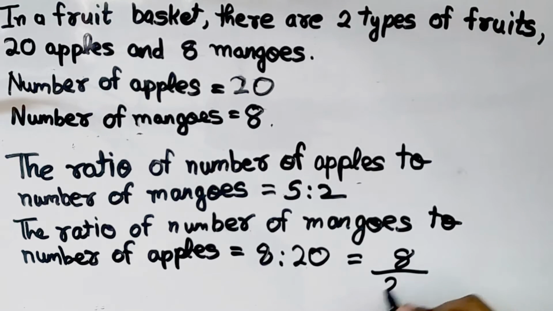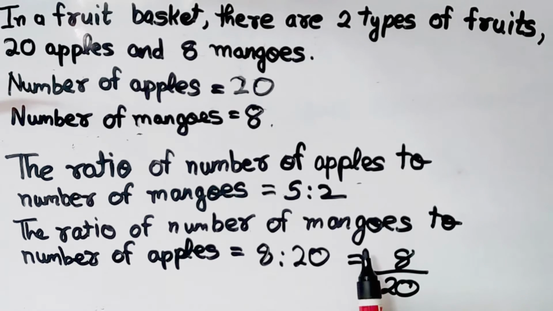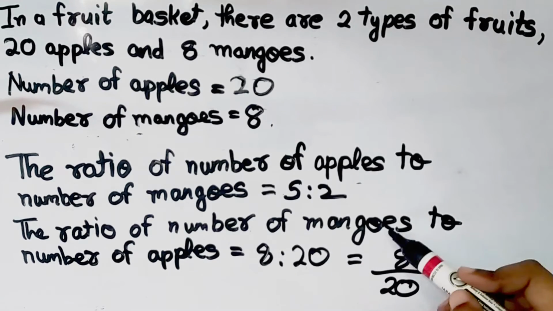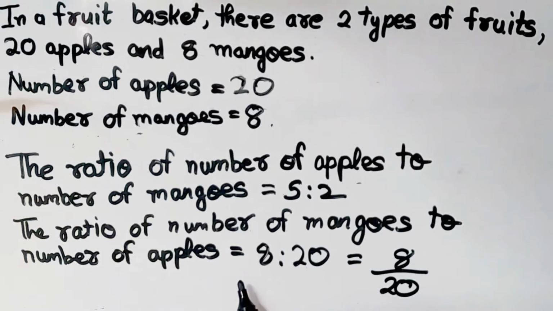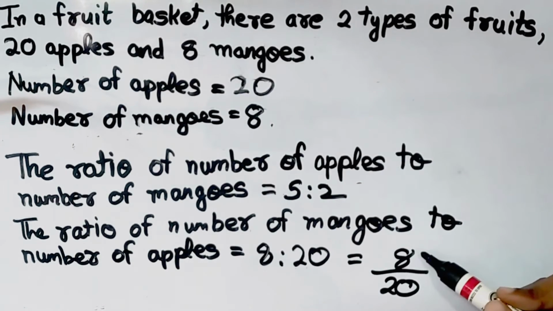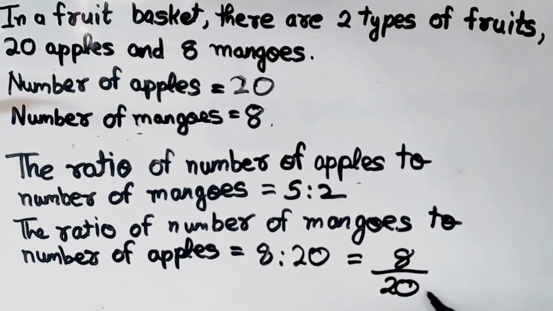Equal to 8 upon 20. Here 8 will come in the numerator. Why? Because see, here mangoes is given first. We have to first find the number of mangoes to the number of apples. So first we have to take the number of mangoes in the numerator upon the number of apples, that will be in the denominator.